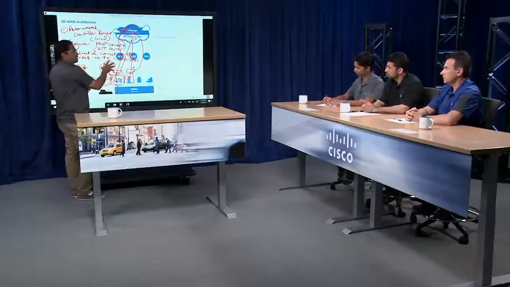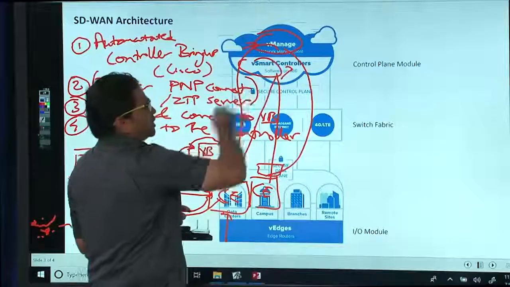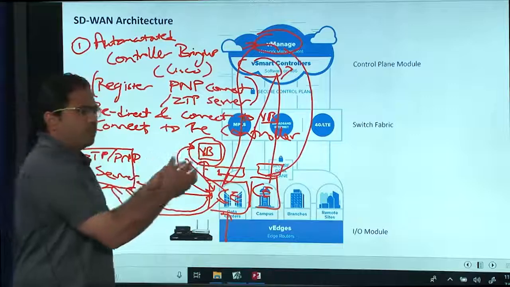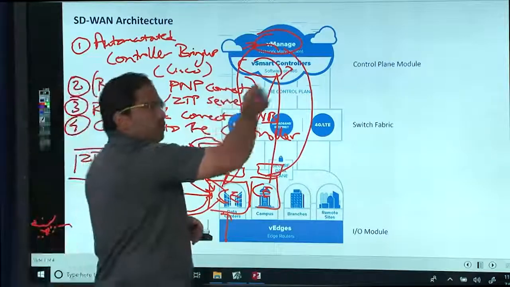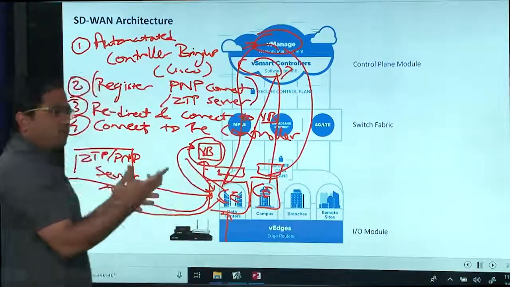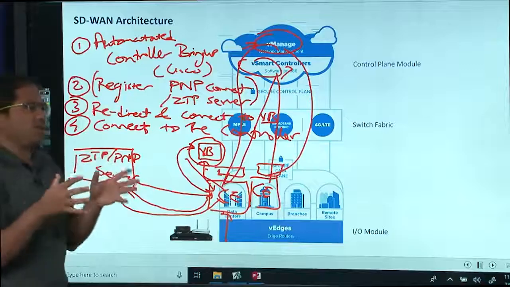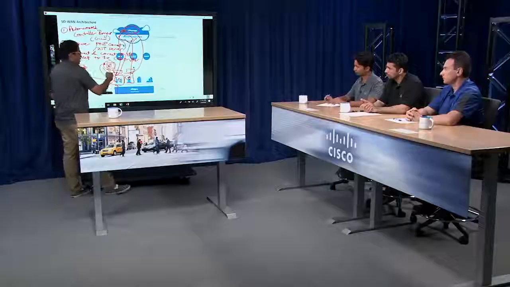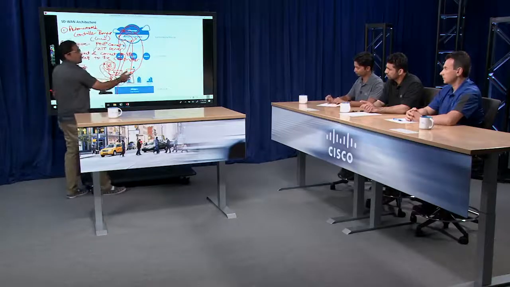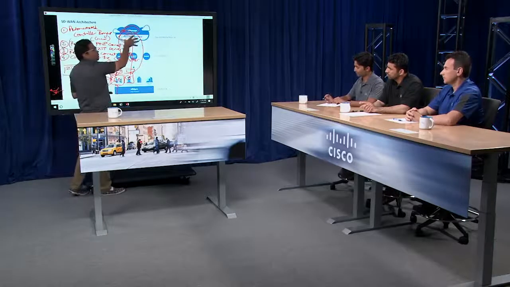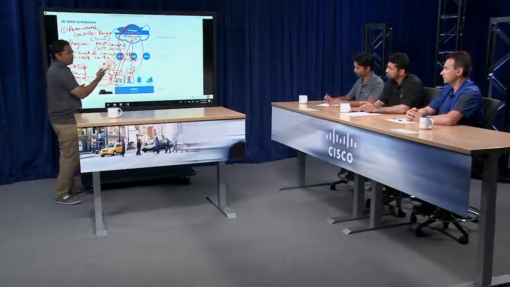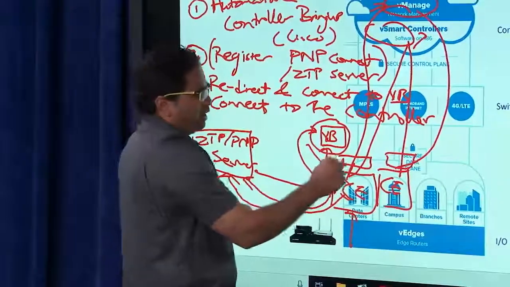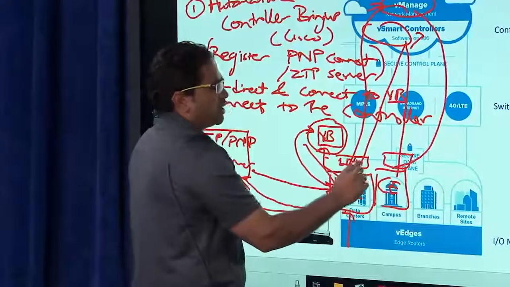This is also the reason why we always have a persistent connection from the controllers to the vBond, in order to keep that NAT hole active at all times and have the NAT mapping be programmed on the vBond at all times, so that no matter when an edge device comes up, it knows how to get to the controller itself.